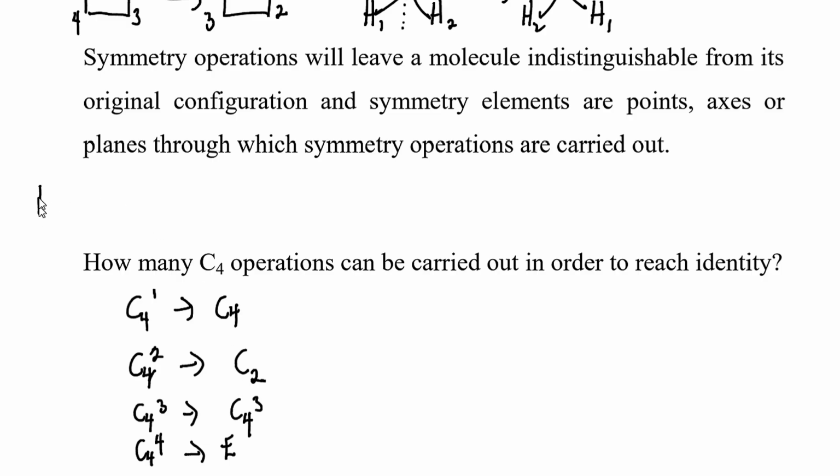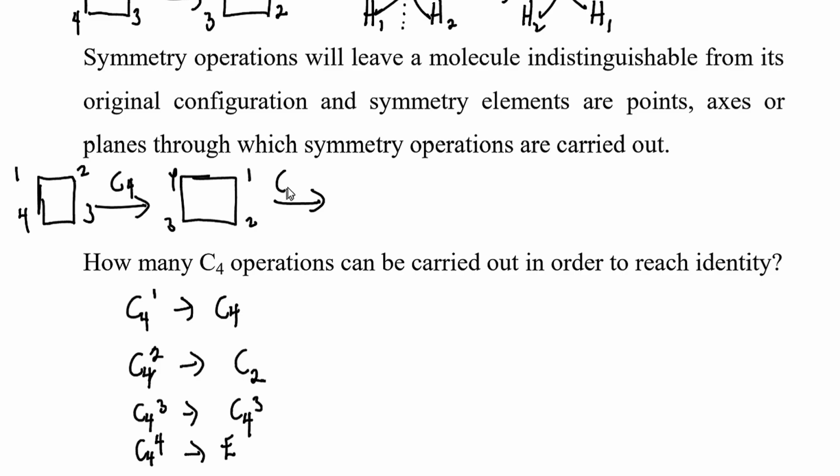It's also the same as what we drew the other time: 1, 2, 3, and 4. The first C4 gives this. We have it to be 1, 2, 3, 4. The second C4 gives this, right? We have it to be 2, 3, 4, and 1.